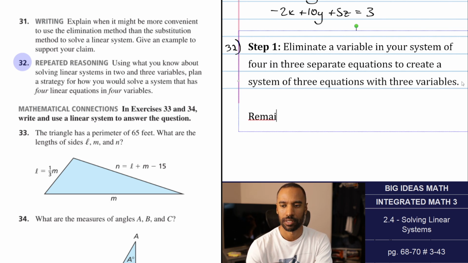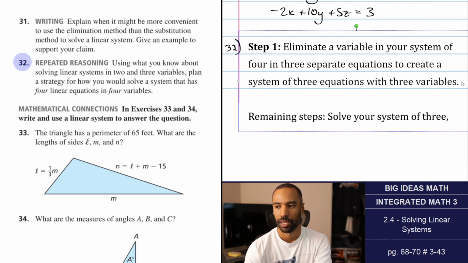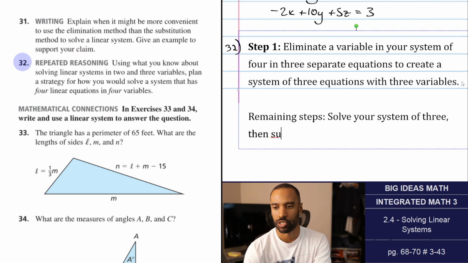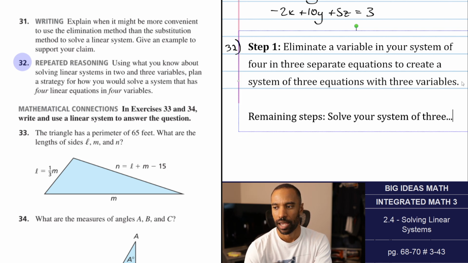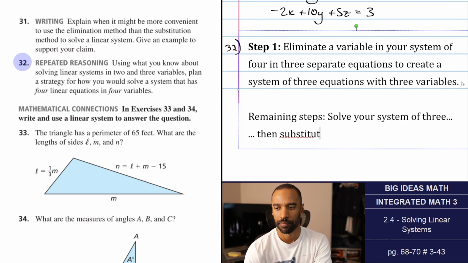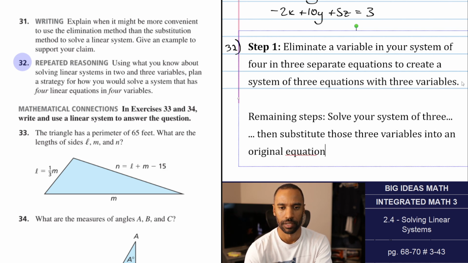Remaining steps, solve your system of 3, then substitute those 3 variables into an original equation to solve your 4th variable.